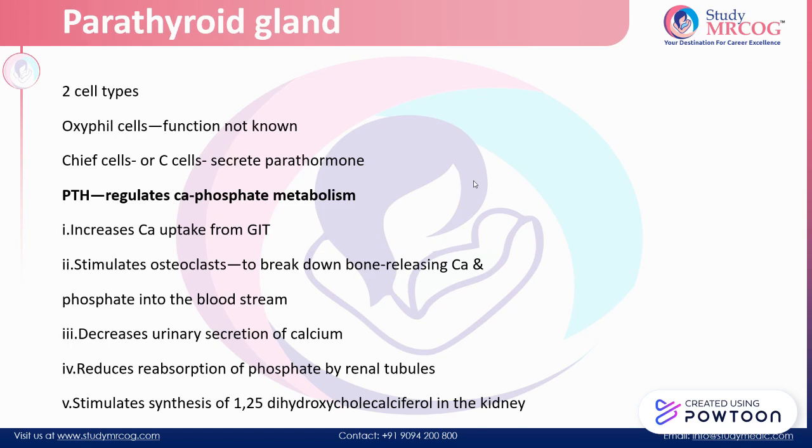In the bone, it will stimulate the osteoclasts. So the bone breakdown is increased, and that releases calcium and phosphate into the bloodstream. And in the renal system, it decreases the urinary secretion of calcium. So the level of calcium in the blood increases due to the action of parathyroid.